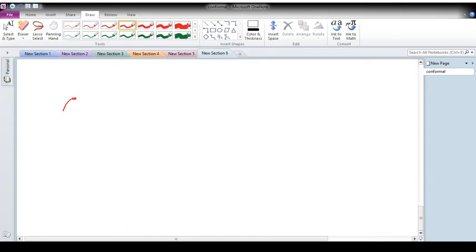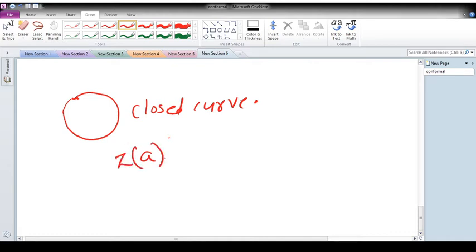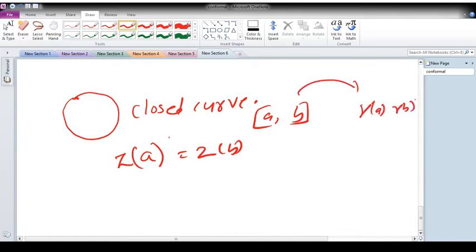And if the initial point and ending point are the same, such a curve is called a closed curve. That is, for the interval [a, b], if gamma of a and gamma of b are equal, then such a curve is called closed.